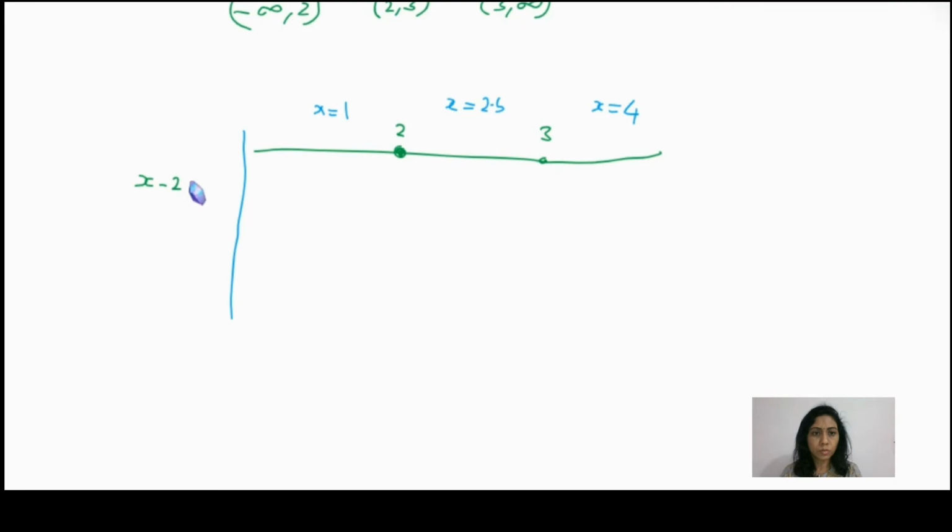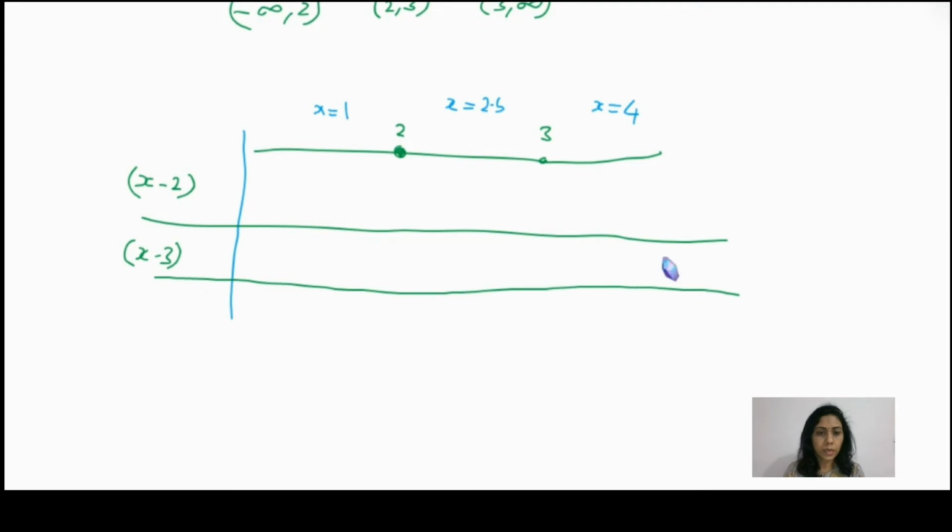For x minus 2, this is x minus 3, this is, and one more here, x minus 2, x minus 3. Okay, here I'm making this vertical line for 0, these.